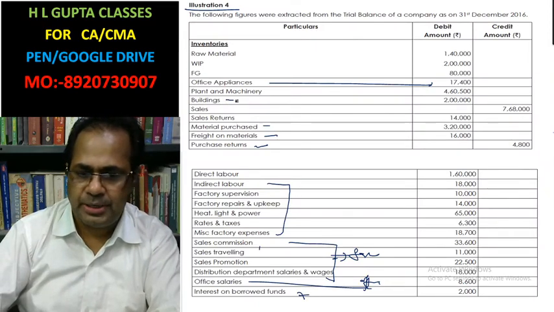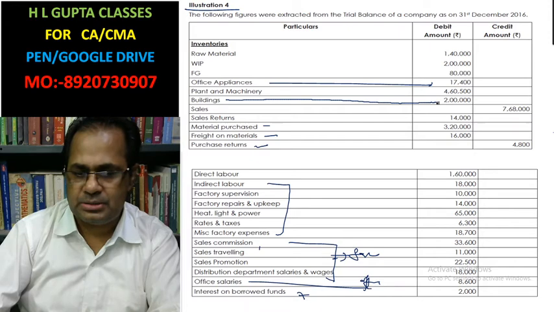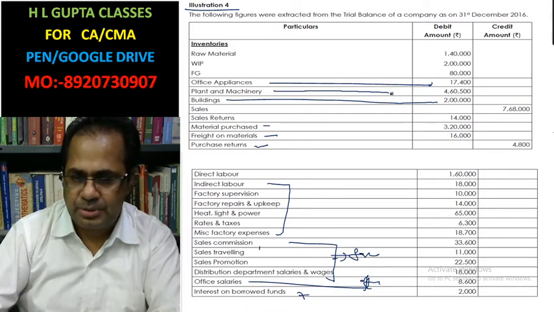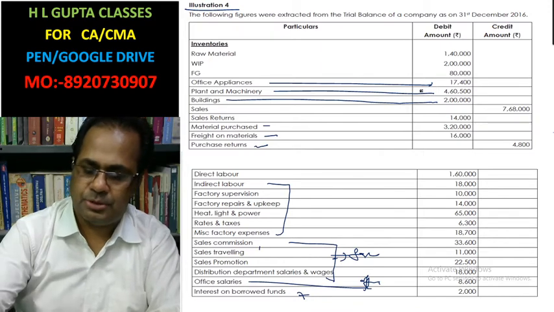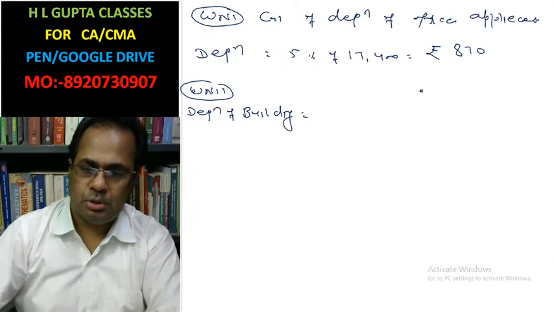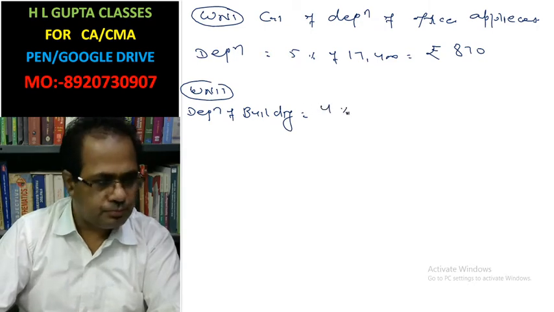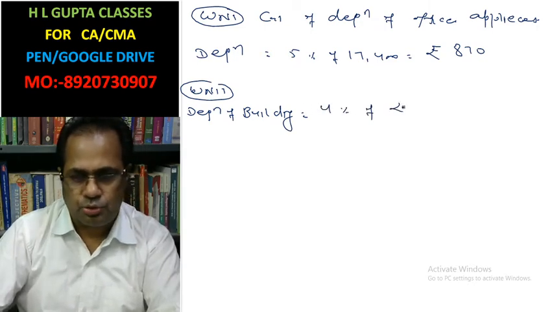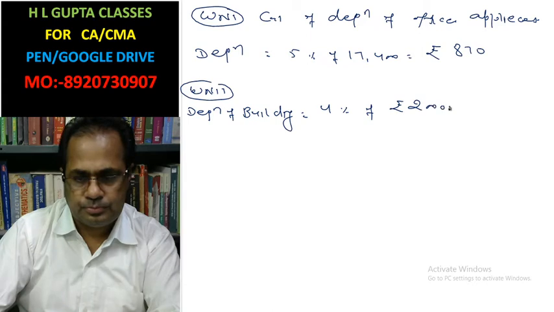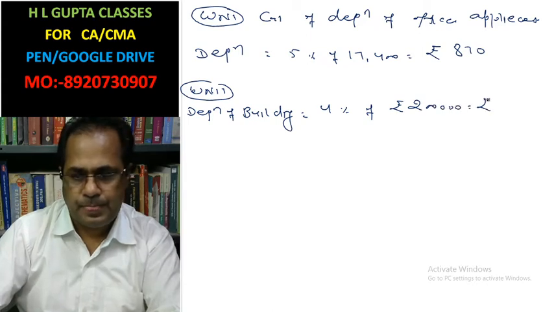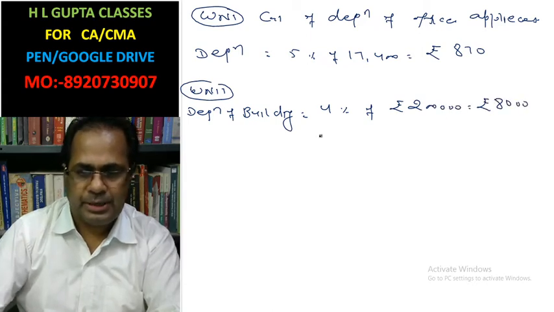The building cost is given here, that is 2 lakhs, and plant and machinery cost is given as 4,60,000. So depreciation is 4% of rupees 2 lakh, which is 8,000.